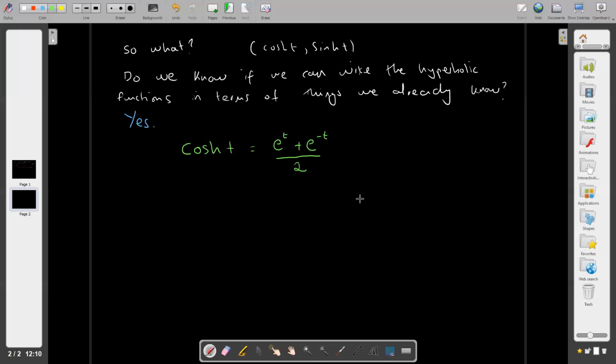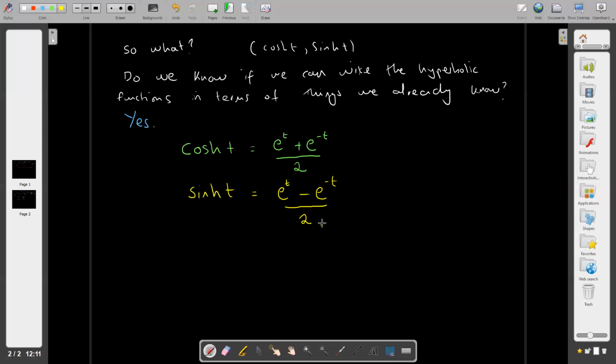We already know what e to the t and e to the minus t are, so in terms of things that we already know, we've got cosh t. Likewise, hyperbolic sine, sinh t, is quite similar: e to the t minus e to the minus t, all divided by 2.